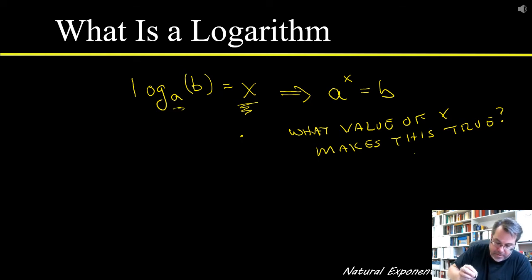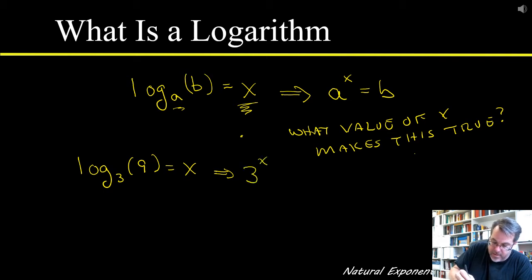If we take, for example, a base 3 logarithm, log base 3 of 9 equals x, what that means is if we take 3, raise it to some power x, we get 9. What x value do we need to make that true? Obviously 3 squared is 9, so therefore x is 2.